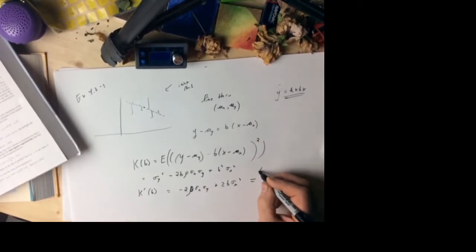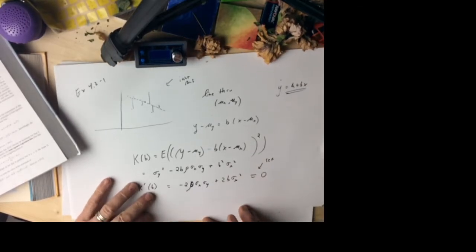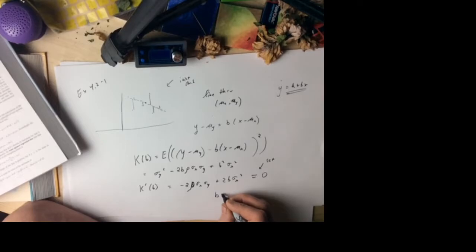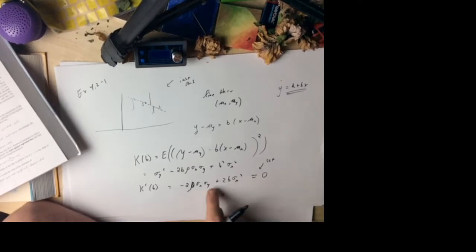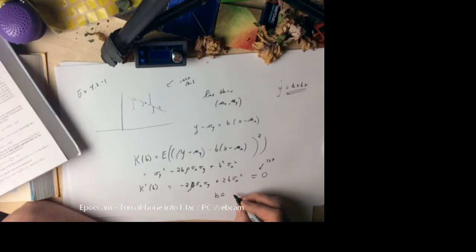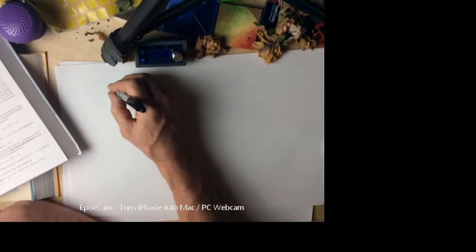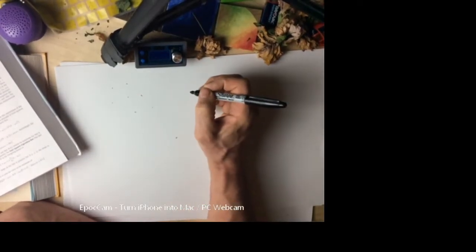And if we choose to set this equal to 0, well, turns out that b then has to be, move everything to the other side and solve for b, and we get b equals rho times sigma y over sigma x. So, what do we have? Well, we have a joint PMF.